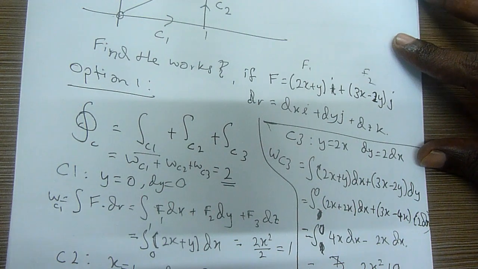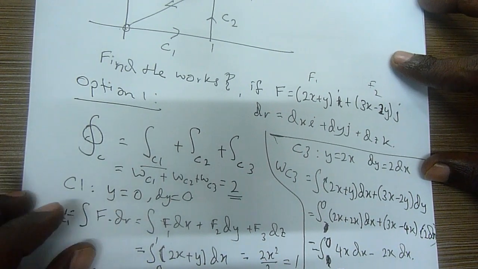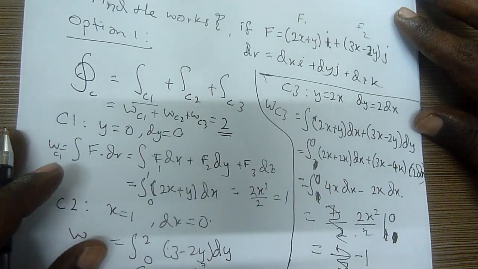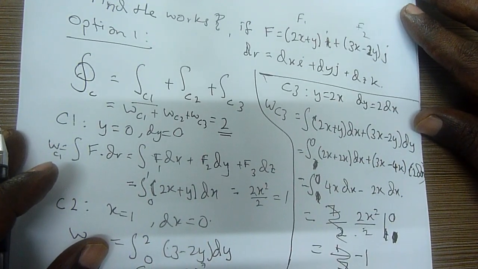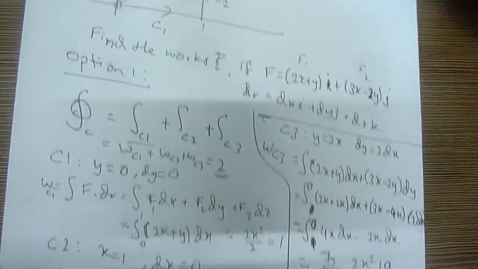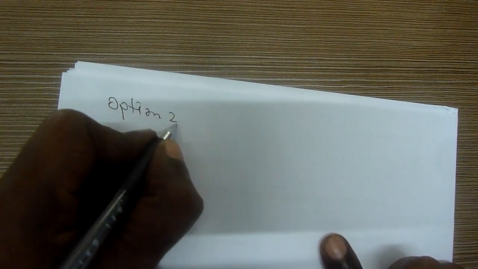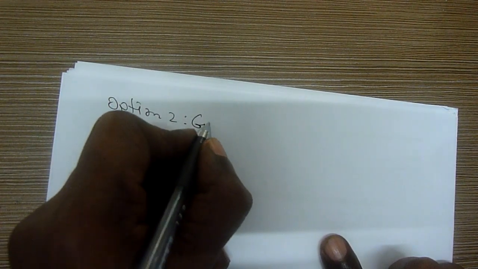Now I'm going to show you how to solve the similar problem for the loop. We're going to use the Green theorem to solve this problem. Now let me show you how. Using Green's theorem is very easy and straightforward, therefore I call this option 2 using Green.